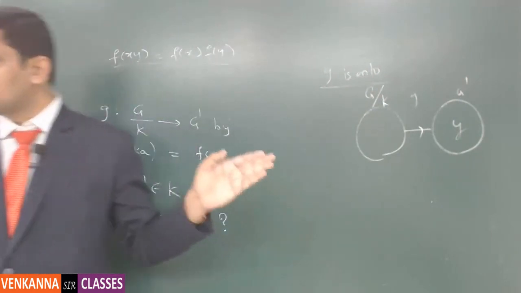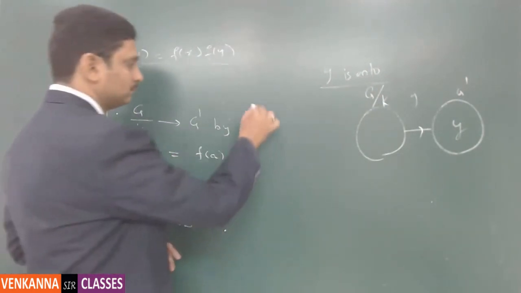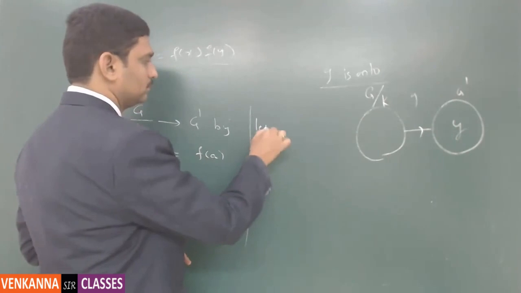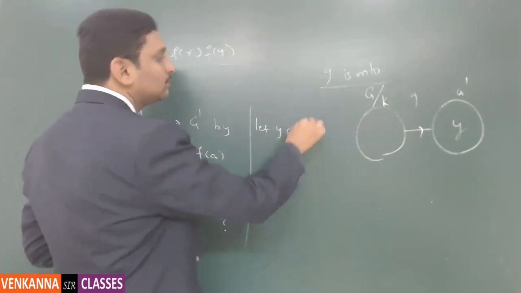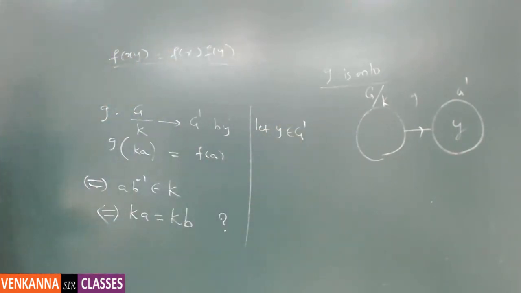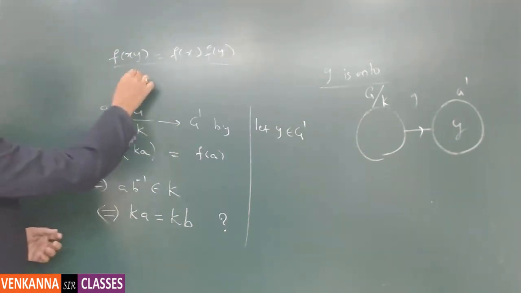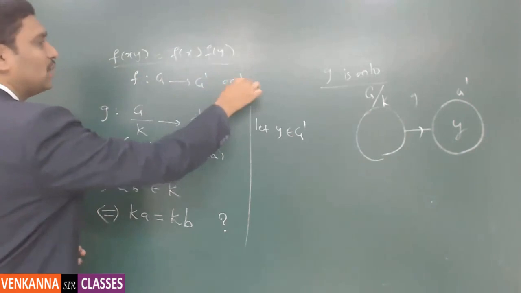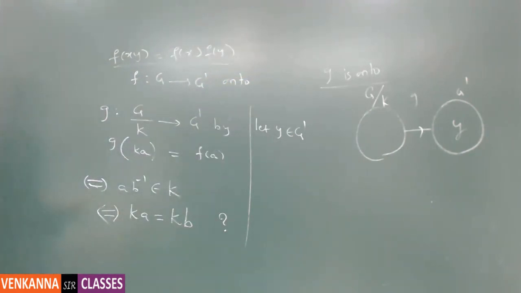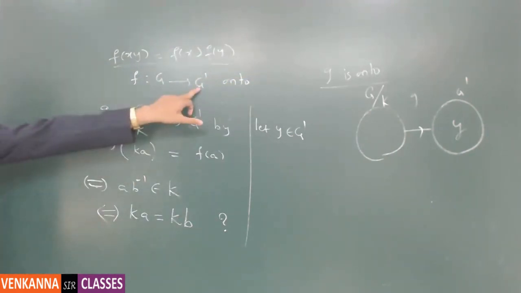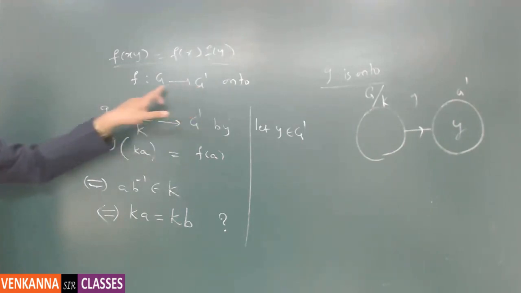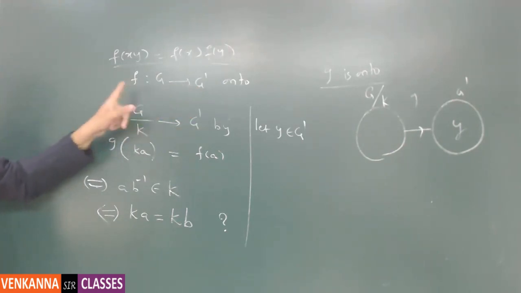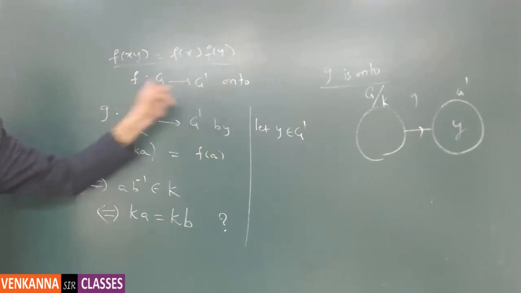So I take y belongs to G dash. Actually, in the problem it is given that f from G to G dash is onto. So it means for every element in G dash, you should get an element in G, because the function is onto and homomorphism.